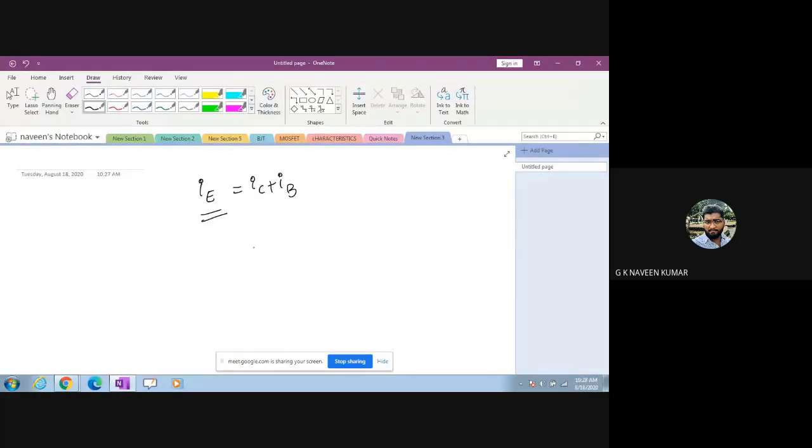Or you can say, if the current direction, suppose we solve a problem, we will assume all the currents are flowing into the transistor. All the currents into the transistor, if you apply KCL, you will get IE plus IB plus IC is equal to 0, because we assume all the currents are flowing into the transistor. Suppose this is your transistor, take an NPN transistor.